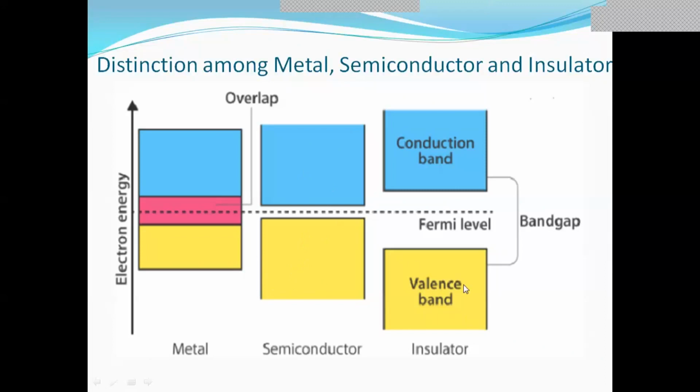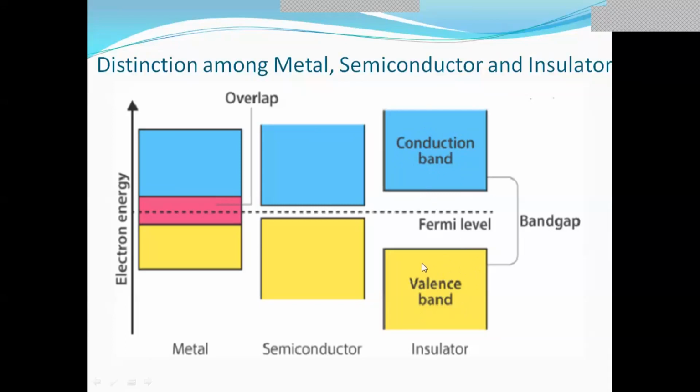And here the third picture, the right hand side one, is given for insulator. In this insulator, this yellow colored valence band is separated from the blue colored conduction band, and the energy gap or band gap between these two bands is large. Because of that, very few electrons can move from valence band to conduction band, and it is highly difficult for it to pass electricity through it.